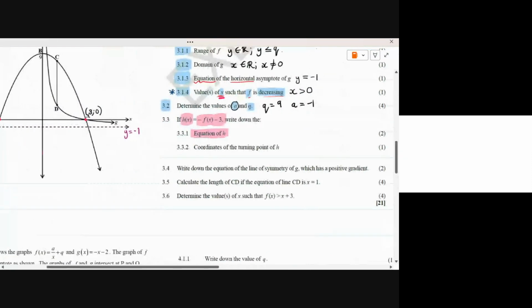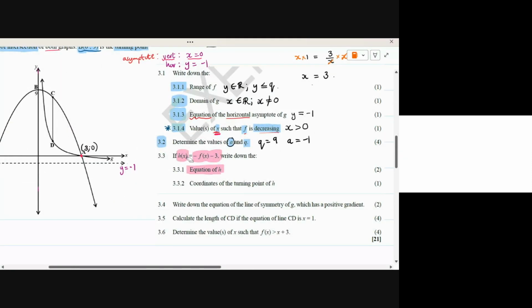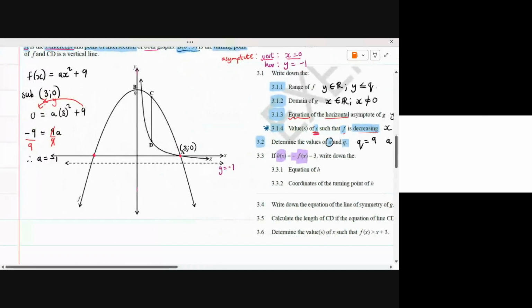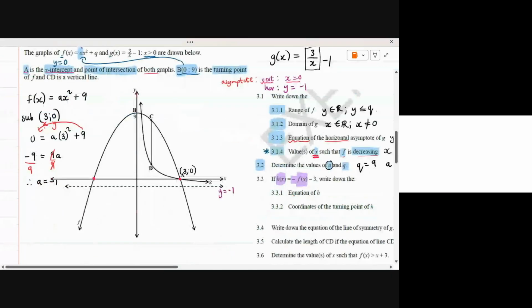They tell us that if the new function h of x, let me choose a different color, I want purple. All right, if the new function h of x is when we take f of x and we minus it, what's going to happen to that function that we've got over there for f of x?